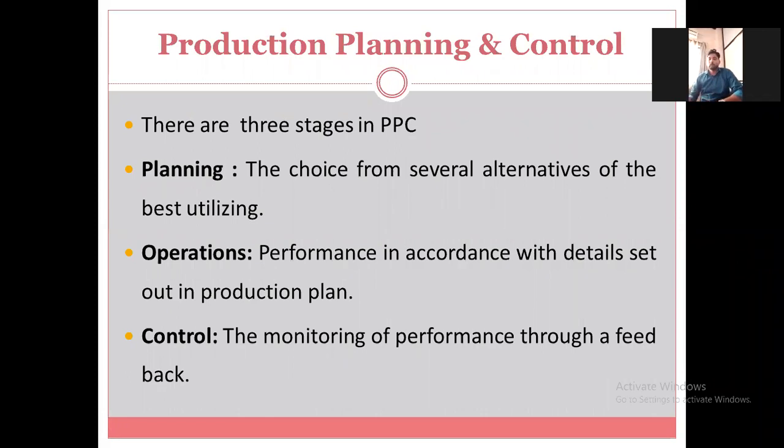It will be called monitoring of performance. Now here you have to take feedback at different stages, to check the quality. If you are going to take feedback from your customer, you have to make changes in the product or in the process as per that feedback.